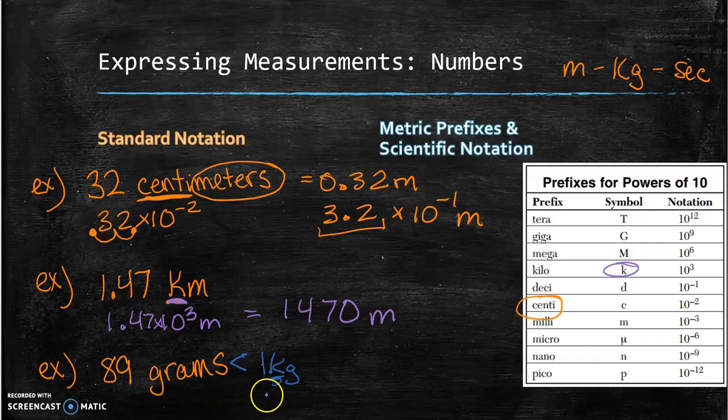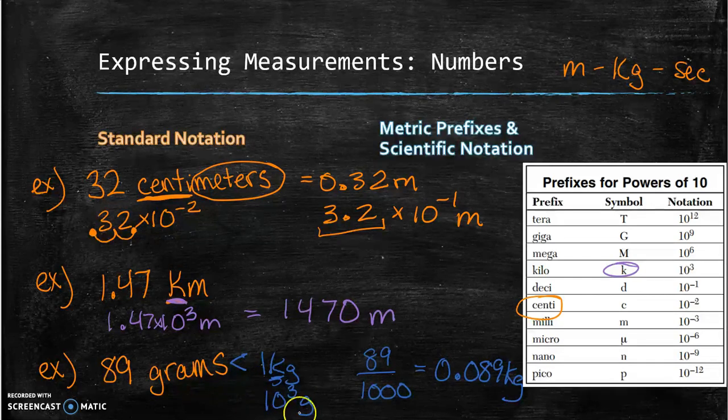So that's 10 to the 3 grams, really. So I want to know what 89 out of 10 to the 3 grams is. So 89 grams out of 1,000 gets us into the kilogram unit, which is 0.089 kilograms.